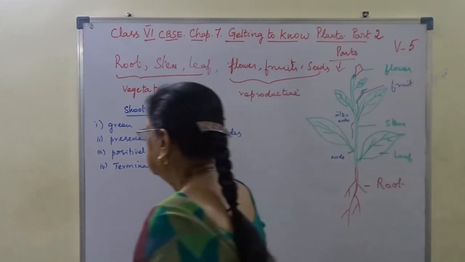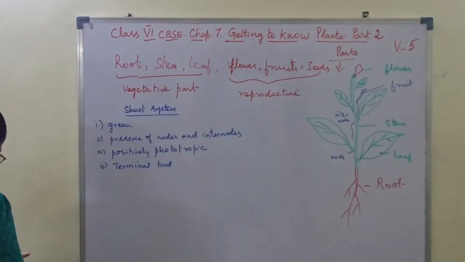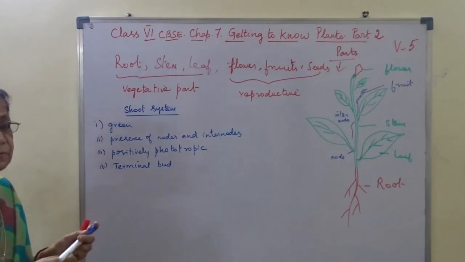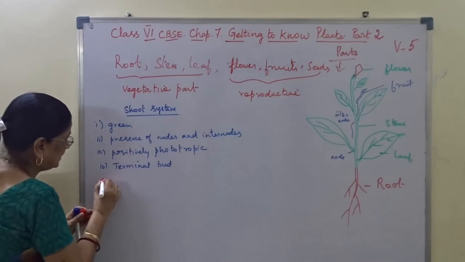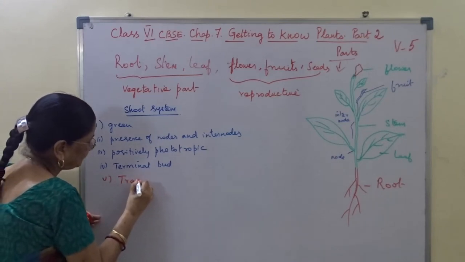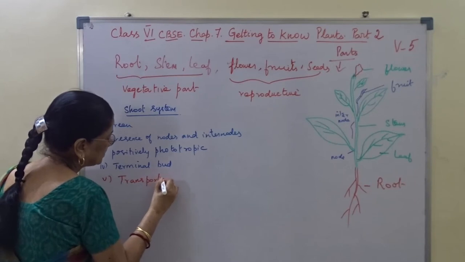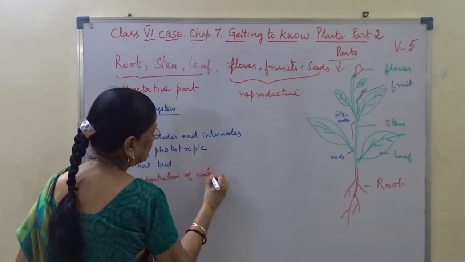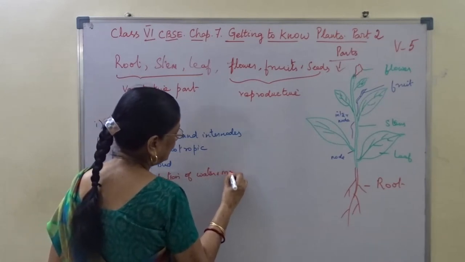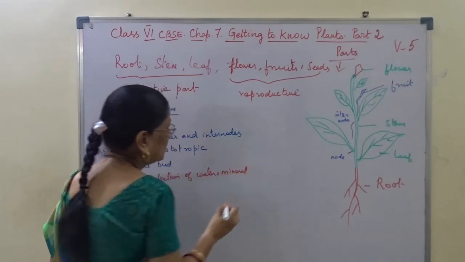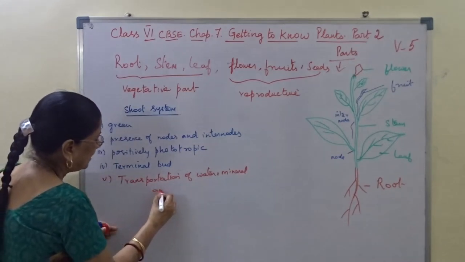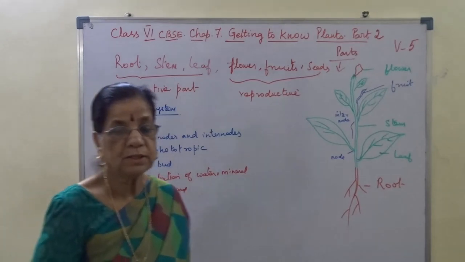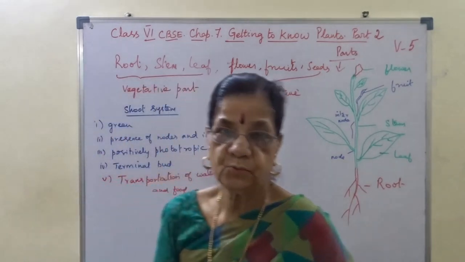And then this shoot system's main function is transportation. Main function of shoot system is transportation of water, mineral salts, and food.